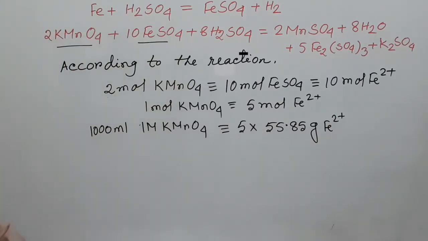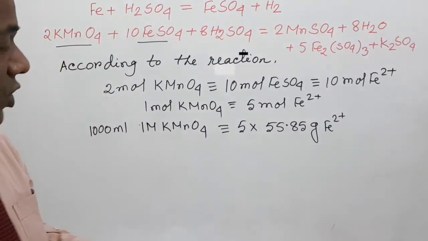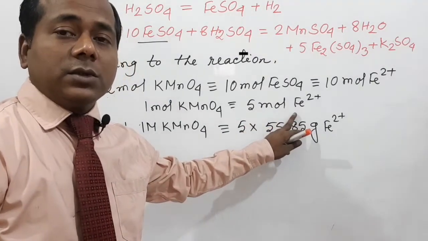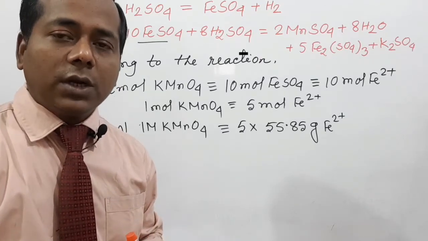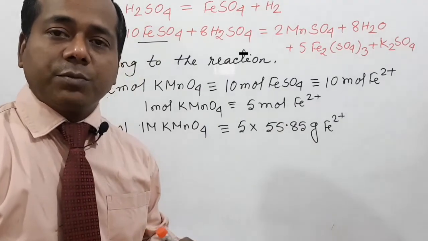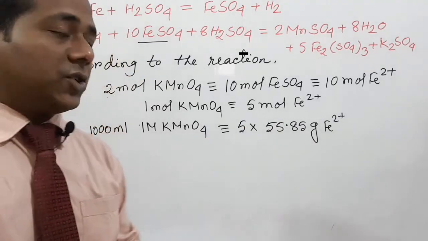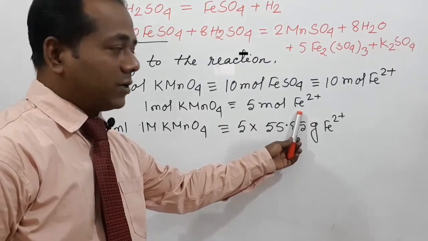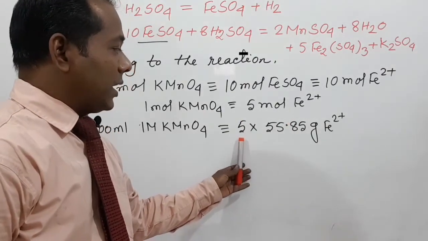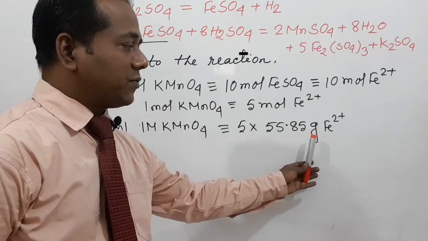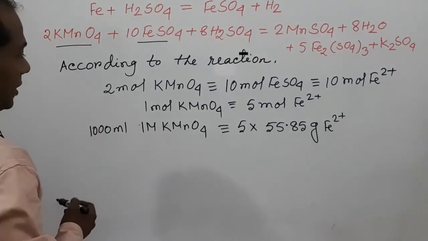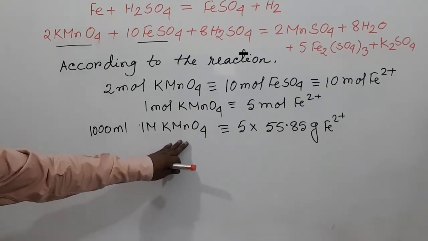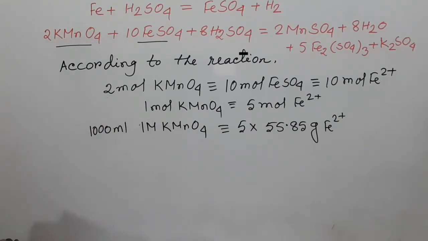How can we write this? Because 1 mole iron equals 55.85 gram, the atomic mass of iron, and here 5 mole ferrous ion is present. So we write 5 into 55.85 gram Fe2+.